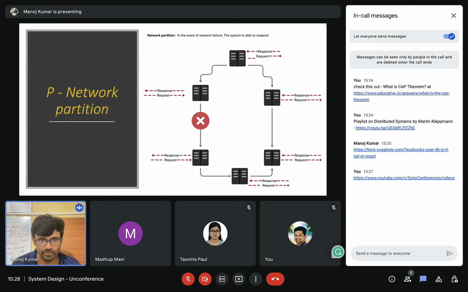In InfoQ, you'll see a lot of world-class talks, like about Netflix. These are the main three things I generally follow. There are other things also.